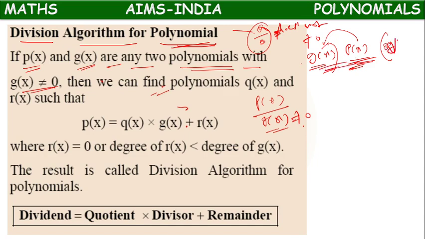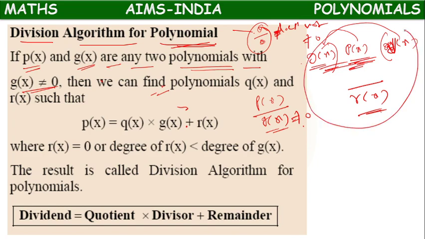One is q of x, which will be the quotient, and r of x, which will be the remainder. These four are related by this equation: p of x equals q of x into g of x plus r of x.